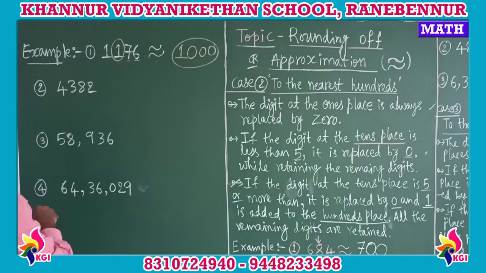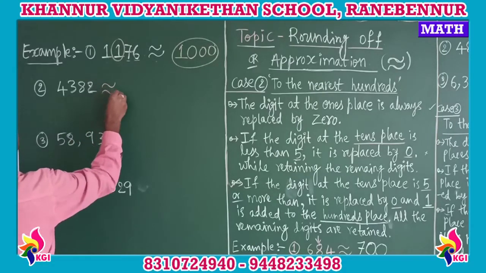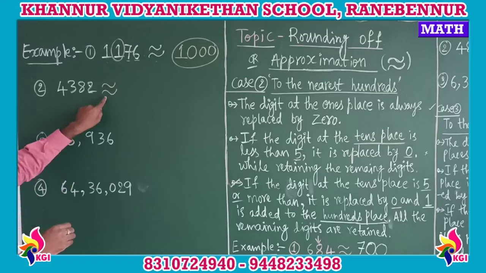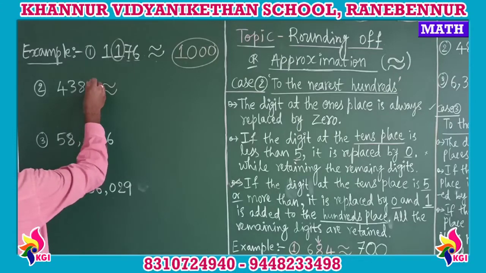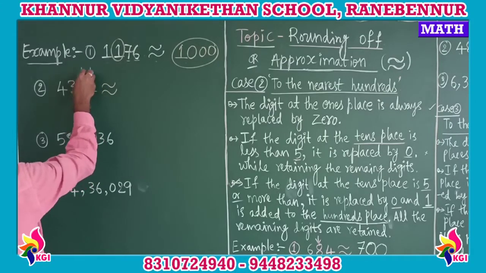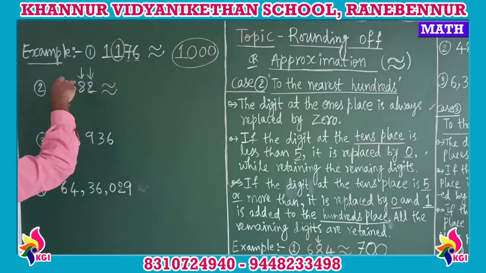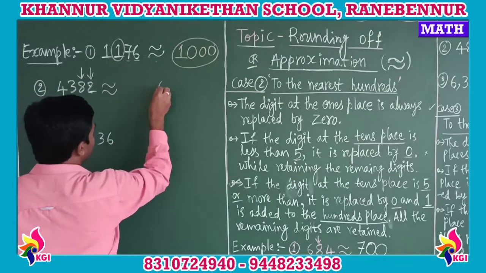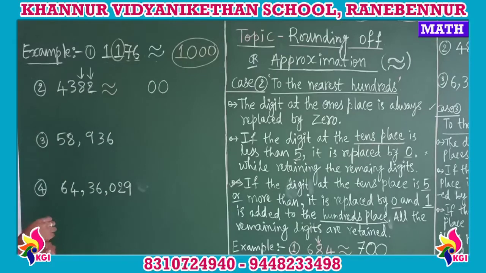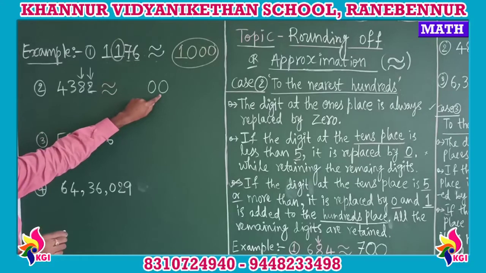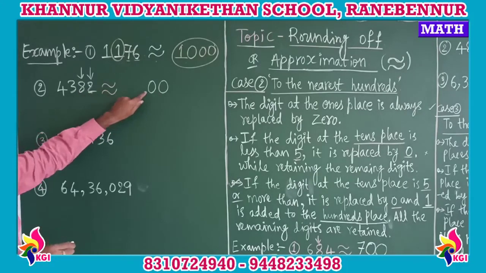The next number is 4382. This is the sign of approximation. My dear kids, tell me, what do you do in the tens place and ones place? Whatever number is there, in the tens and ones place you write 0. So 2 becomes 0, 8 becomes 0.